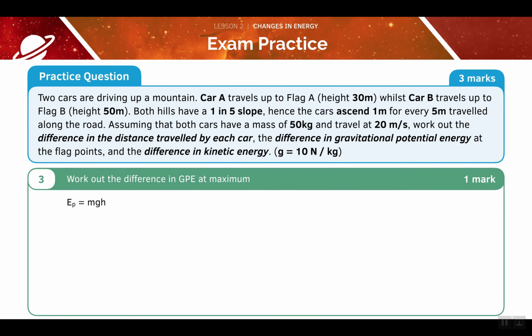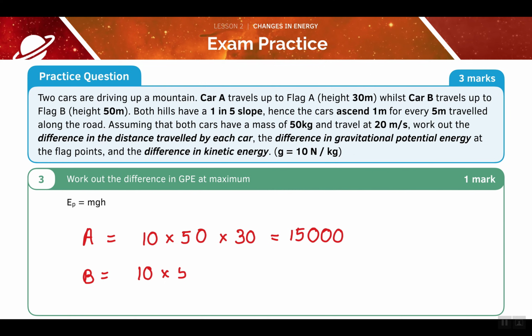So in this section, A would be equal to 10 times 50 times 30, giving us 15000, and B would be 10 times 50 times 50, which is equal to 25000. This gives us a difference of 10,000 joules.